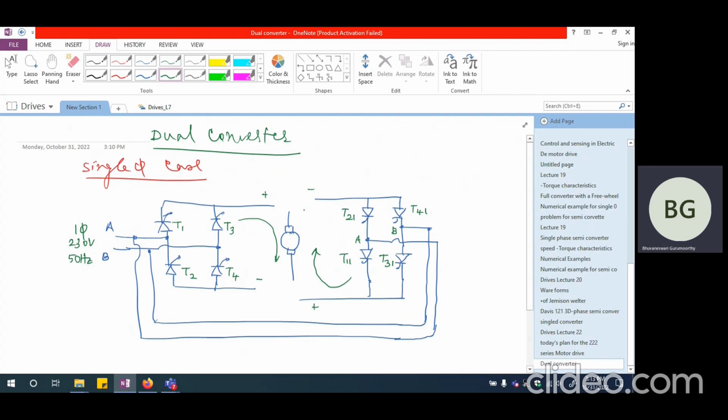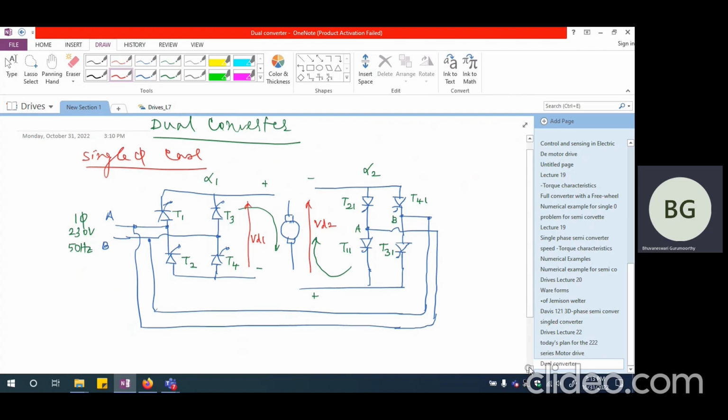To avoid that, I have to choose the firing angle alpha 1 for converter 1 and alpha 2 for converter 2 in such a manner that the voltage I obtain here, VD1, and this voltage are equal to each other. So I have to ensure that the two voltages are equal, at least on an average basis.